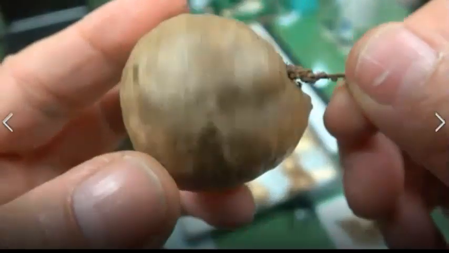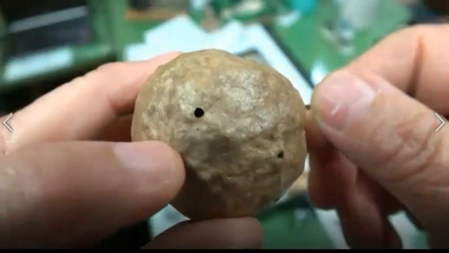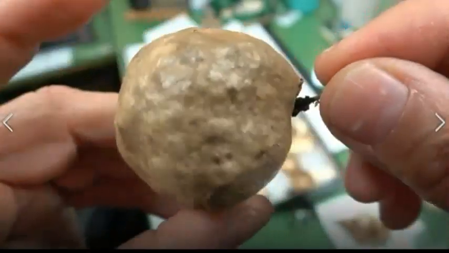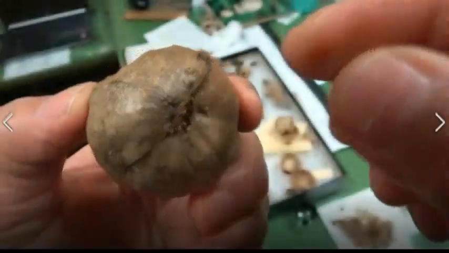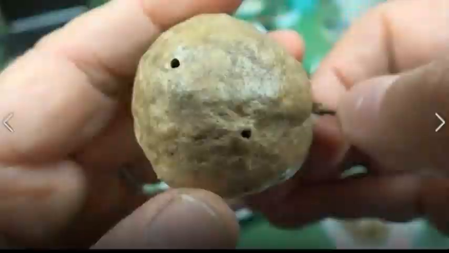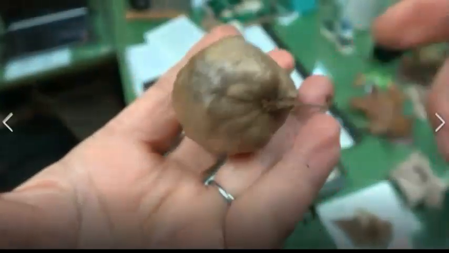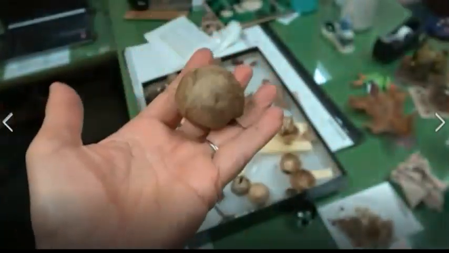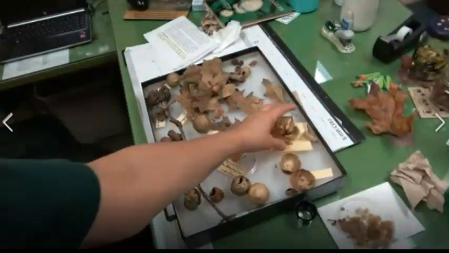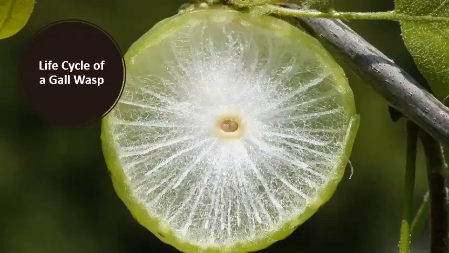And this is a marble oak gall. It looks like an apple oak gall, but its surface is smoother than the apple oak gall. And you can see the tiny hole that the mature adult emerged from. This is how the inside of an apple oak gall looks.